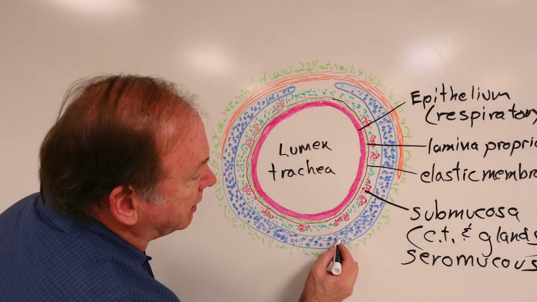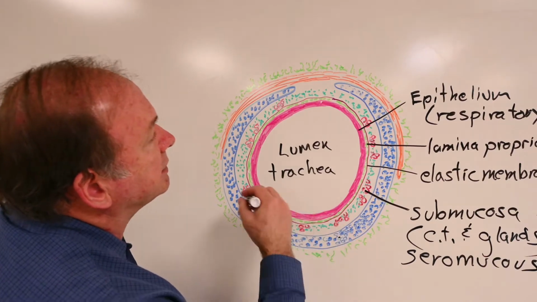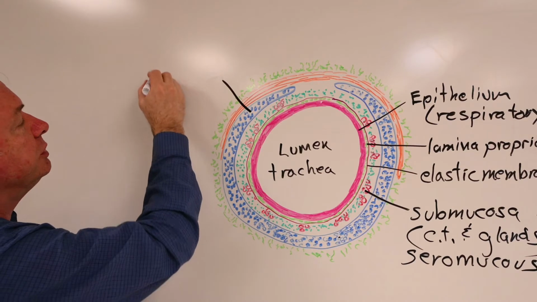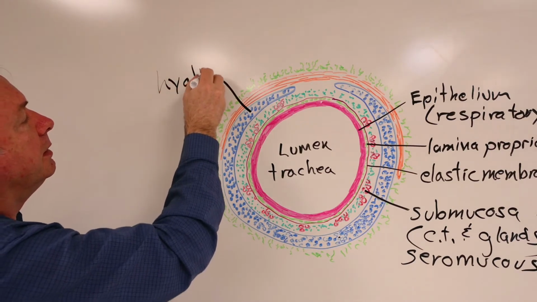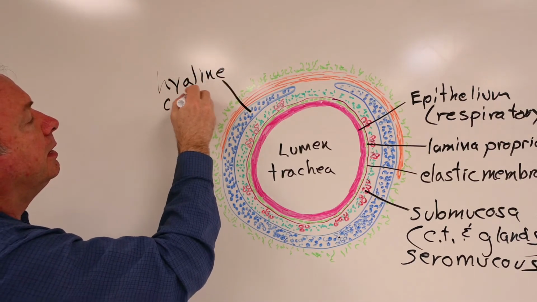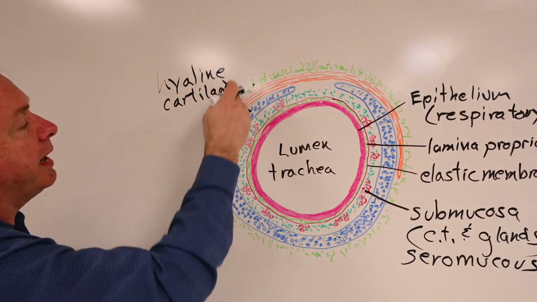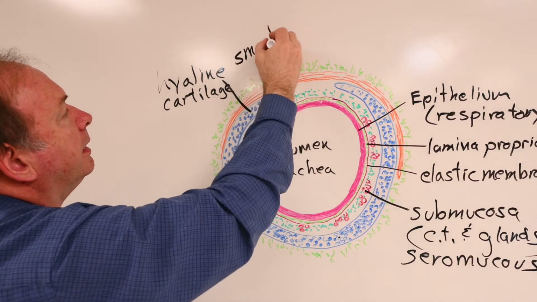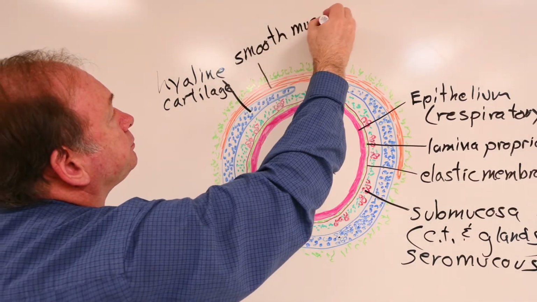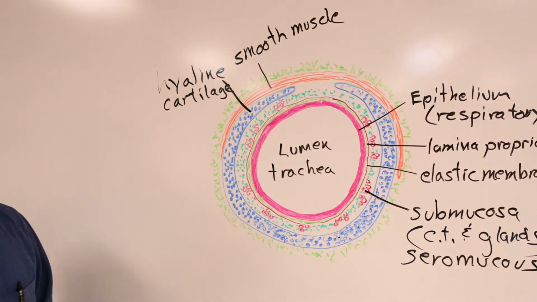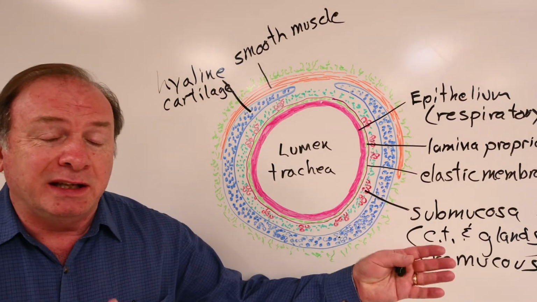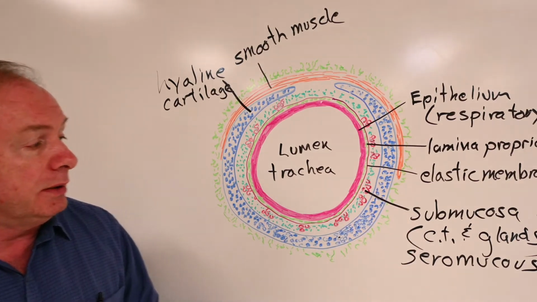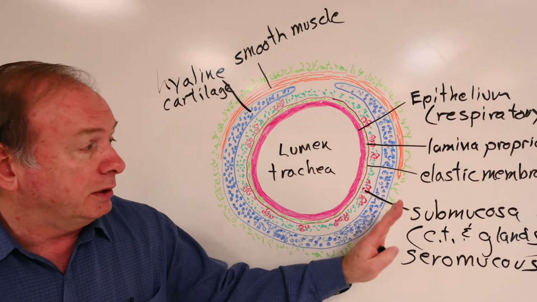The third layer out here includes both. Let's see, where will we label this? We'll label this right here. This is our hyaline cartilage. So we have the hyaline cartilage, and we have smooth muscle. Outside of the submucosa in the digestive system, we had the muscularis externa.